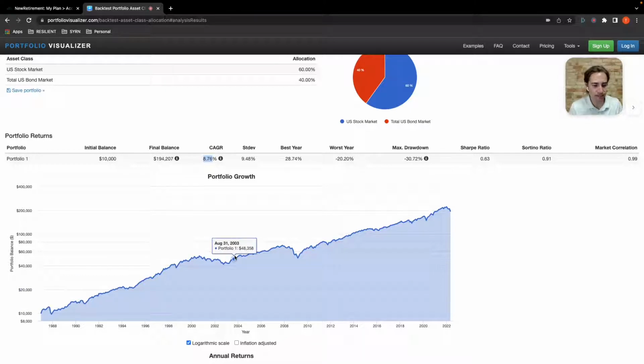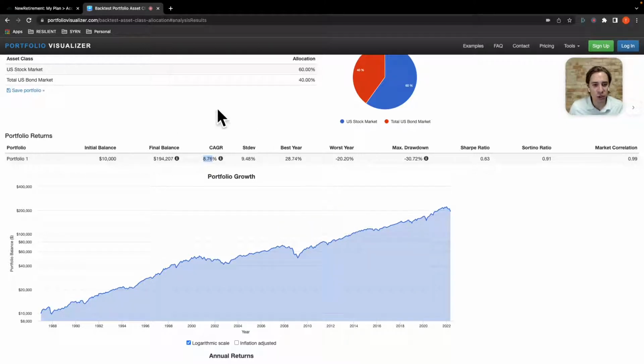That's as far back as this asset allocation using Portfolio Visualizer goes, and it's a long enough time frame to really get an idea of how a specific asset allocation could perform. Nobody knows exactly if it's going to be 8, 9, 10, or 4 percent over the next 40 years, but this gives you a good starting point.